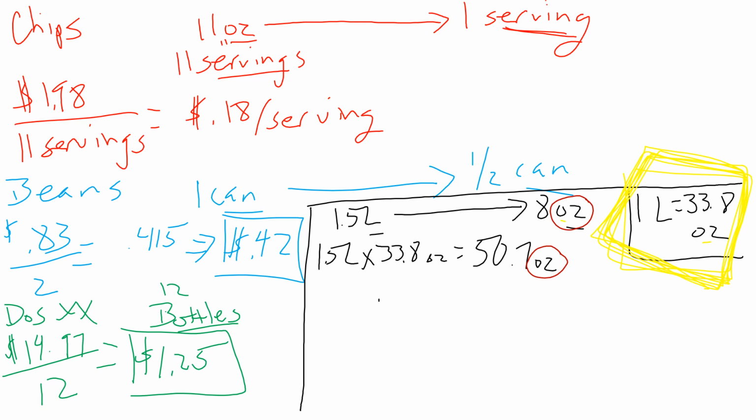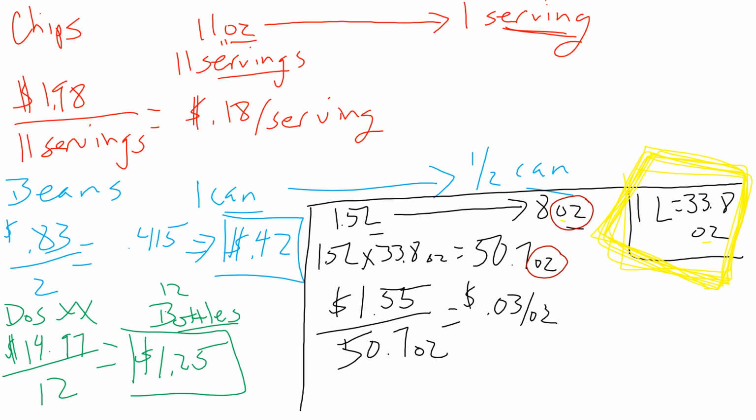Oops, I'm so sorry. Our Topo Chico cost us $1.55. And we're going to divide that by our 50.7 ounces, which will give us a total of 3 cents per ounce.